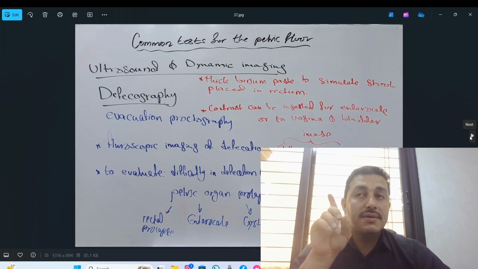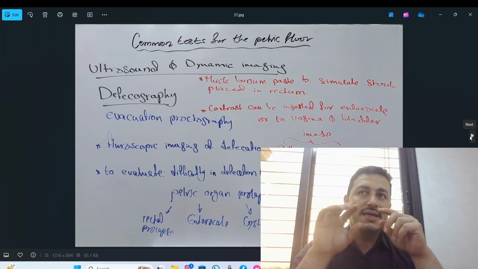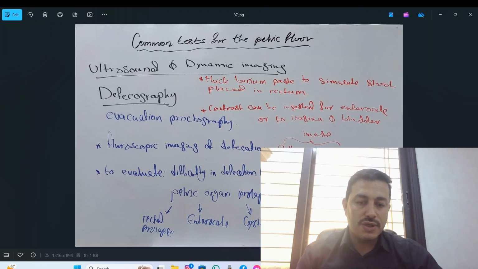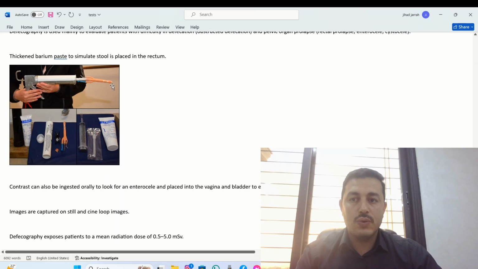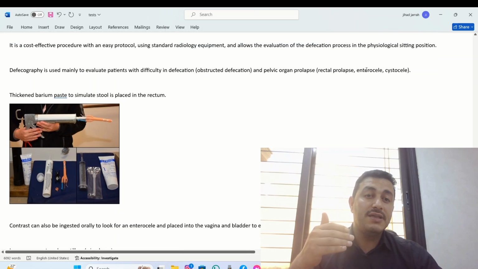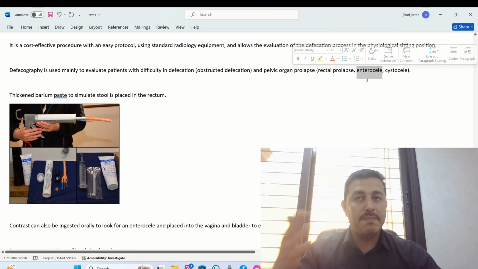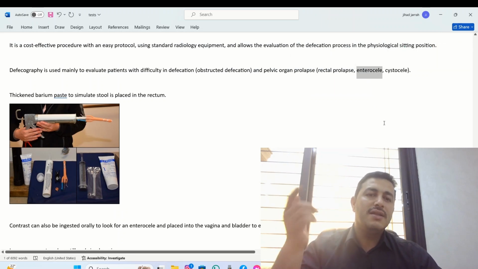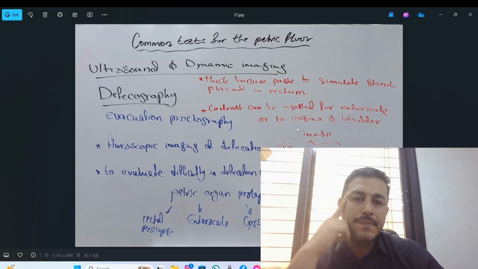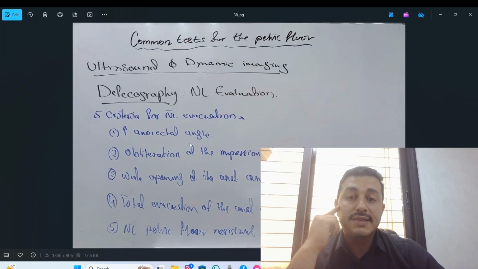To be clear, we said that thickened barium paste is inserted into the rectum, and we see the gun, this is how we insert. But to diagnose, for example, enterocele, one of the pelvic organ prolapses, this requires ingesting contrast orally to detect enterocele.